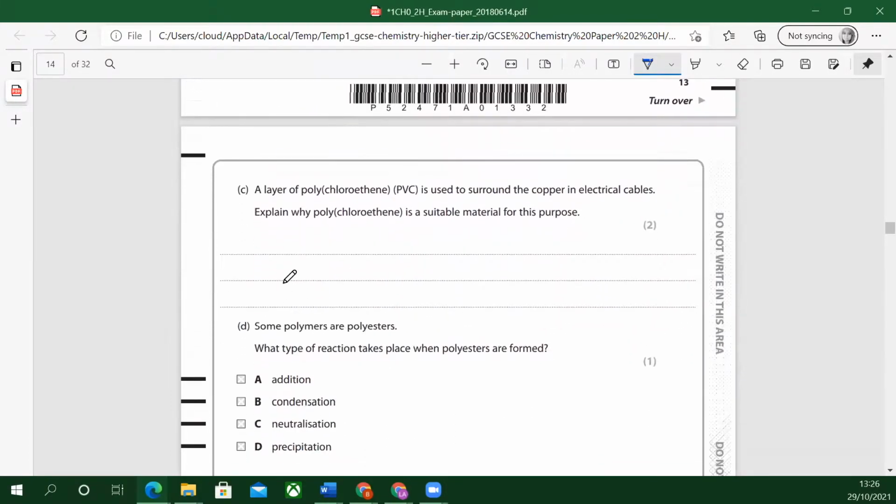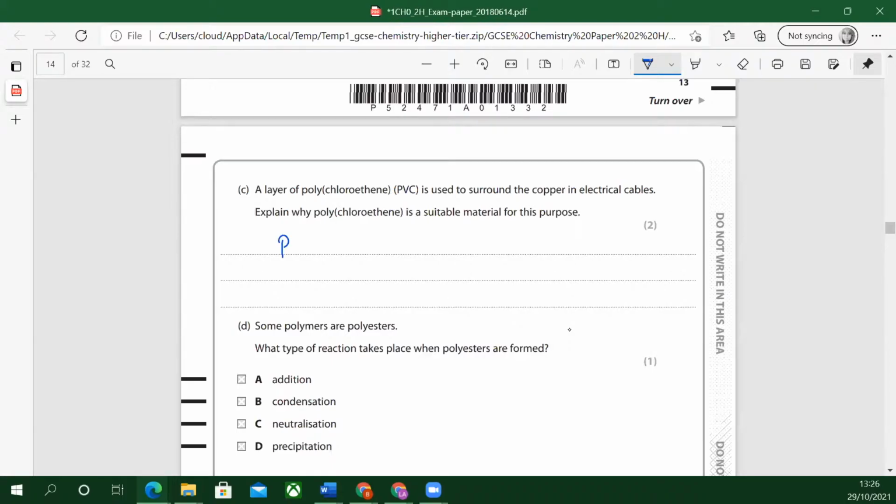A layer of polychloroethene, PVC for short, is used to surround the copper in electrical cables. Explain why polychloroethene, PVC, is a suitable material for this process. So number one, it's an insulator, isn't it?